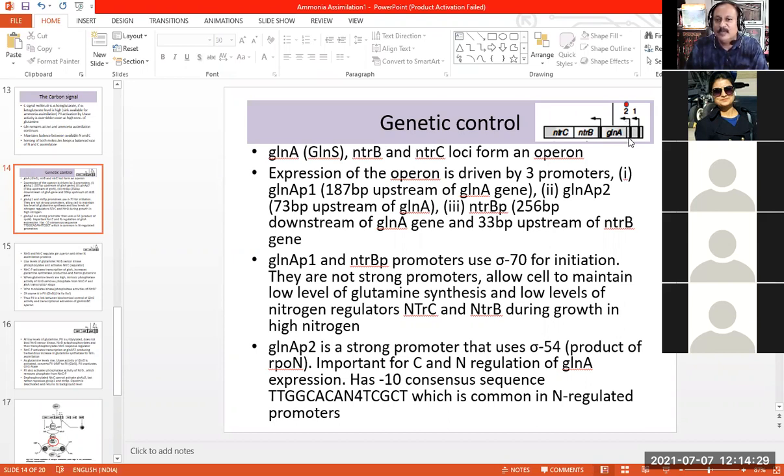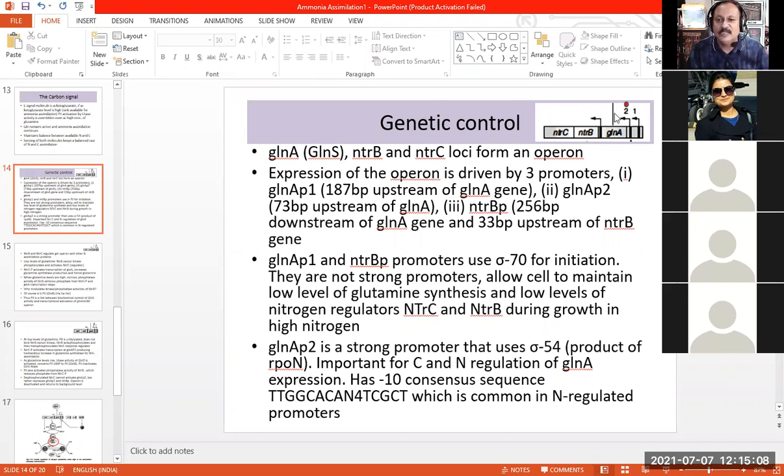And between GLNA and NTRB, that is downstream of GLNA and upstream of NTRB, is another promoter, 33 base pair upstream of NTRB. That is the third promoter. Was that clear to everybody? Are you conversant with the terms upstream and downstream? Upstream means before the particular gene, and downstream means after it.